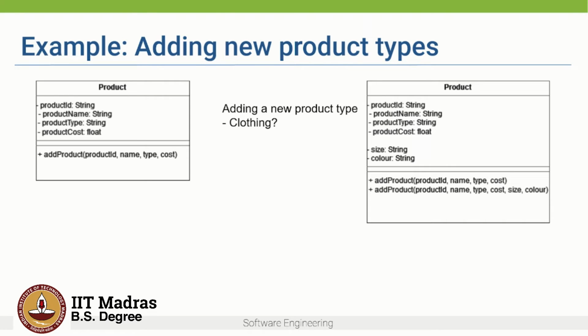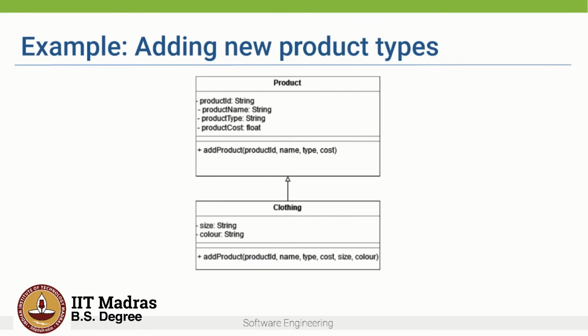So now let's see how we can implement the open-close principle for this design, right? So what we can do is create another class called clothing, which inherits properties of the product class. So clothing is a subclass of product, and whichever are attributes specific to the clothing class, that can be defined in the clothing class.